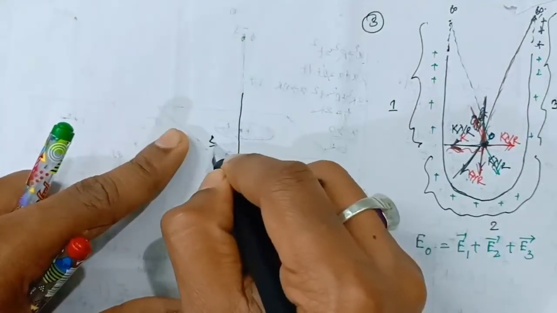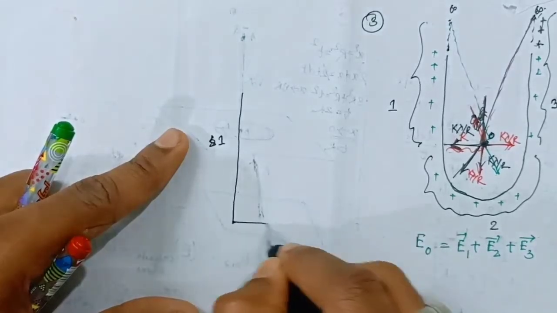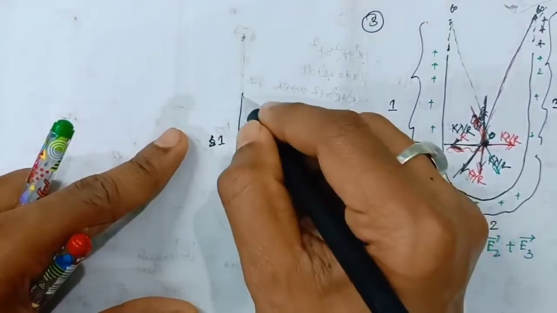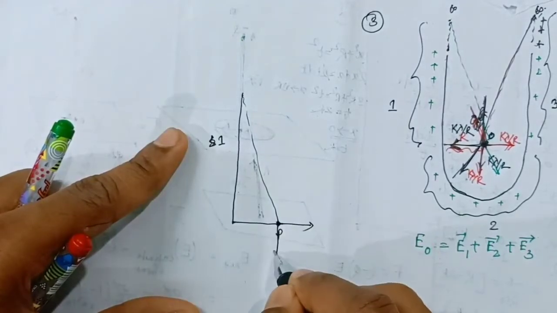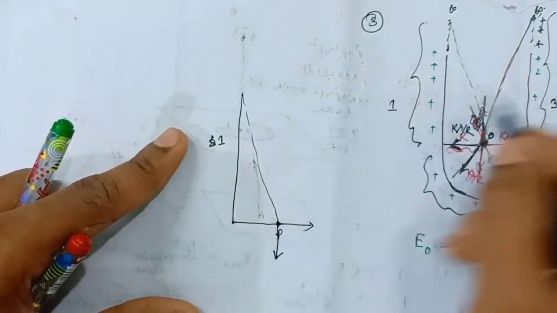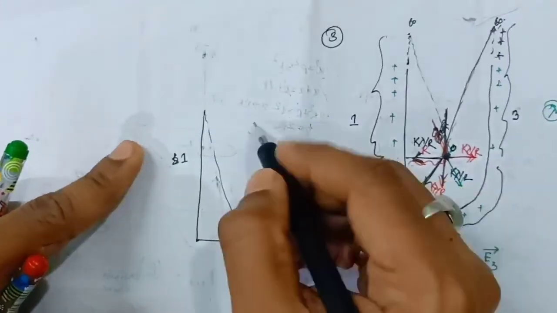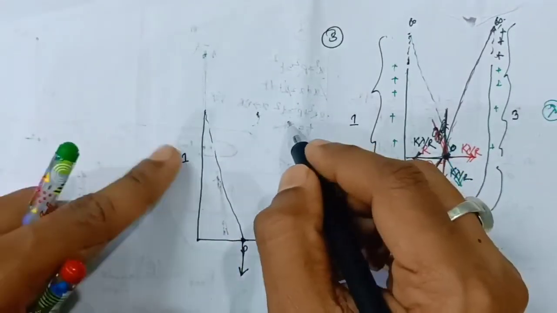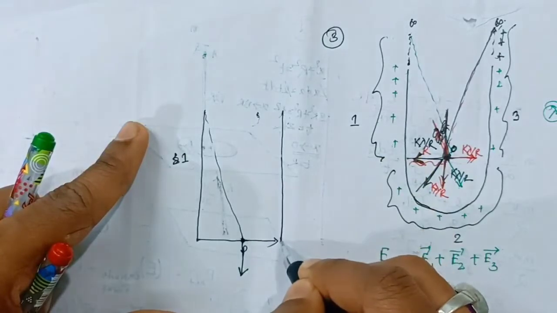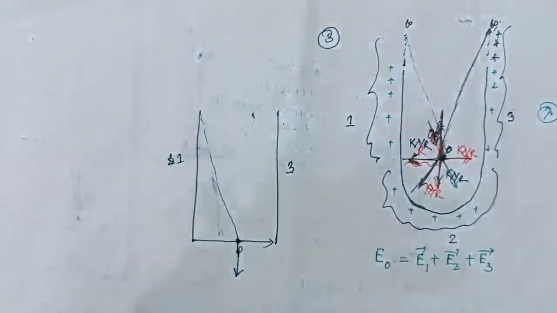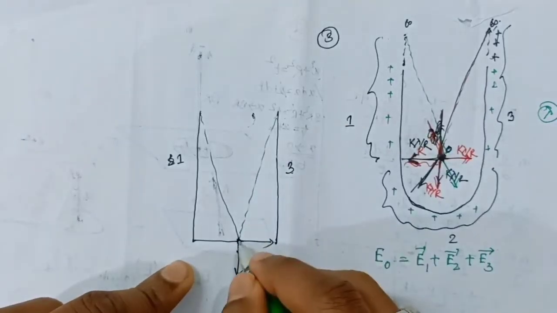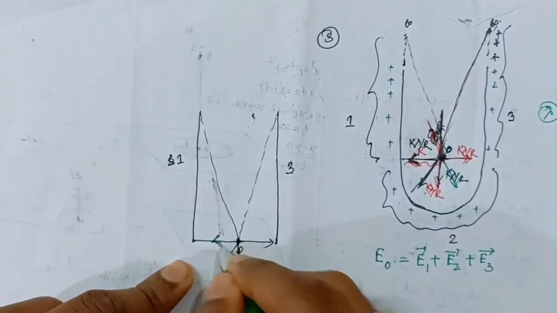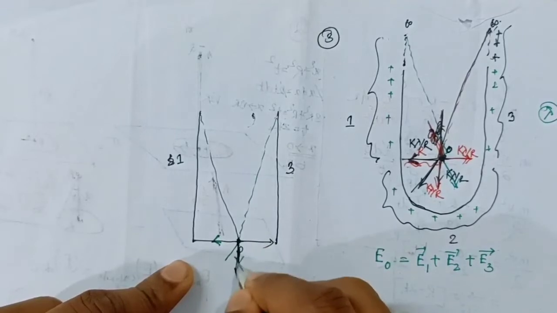This is segment 1. Due to segment 1, at point P, one component will be like this and another component will be like this. Similarly, if I look at segment 3, which is here, due to segment 3 one component will be here and another component like this.